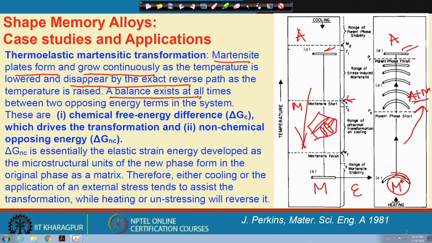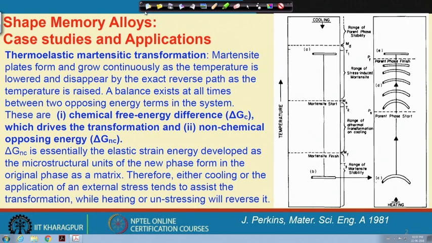One is the chemical free energy difference, delta G C. It is basically the difference between the free energy of the martensite and austenite, which drives the transformation. And there is a non chemical opposing energy, that is why we use this term delta G N C. So, there are two of these terms, one is the chemical free energy difference, and another one is basically the elastic strain energy.